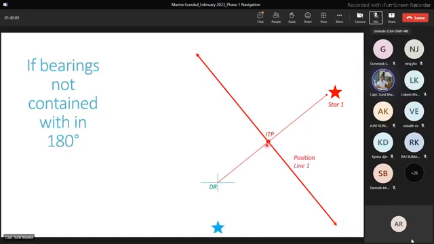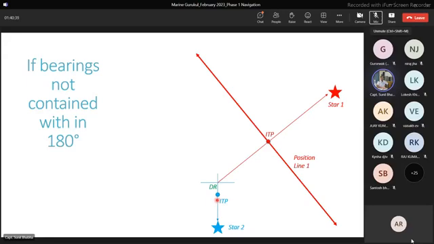Let's assume that the second star which we used was the blue star in this location. This is star number 2. Let's mark the azimuth of the star. And let's assume that in this case also the intercept was towards. So from the DR position, we go towards the star equal to a distance which is equal to the intercept obtained, and we reach up to the ITP, intercept terminal point.